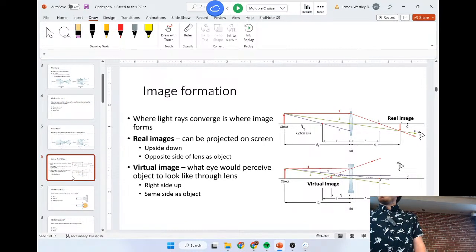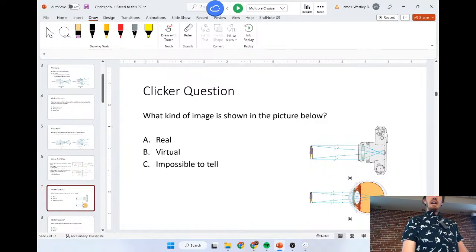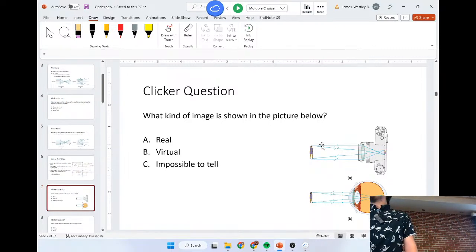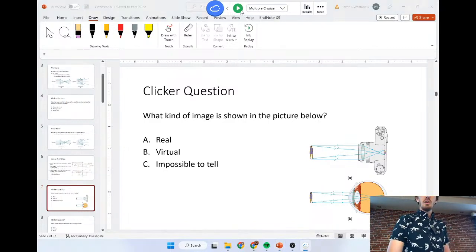So, question to you all. I have a person in two different scenarios. And so here's my object. That's my object, and it's asking what kind of image. The image is the one back here. Or in the case of the eyeball, it's the one back here. What kind of image is that? Is it real or virtual?